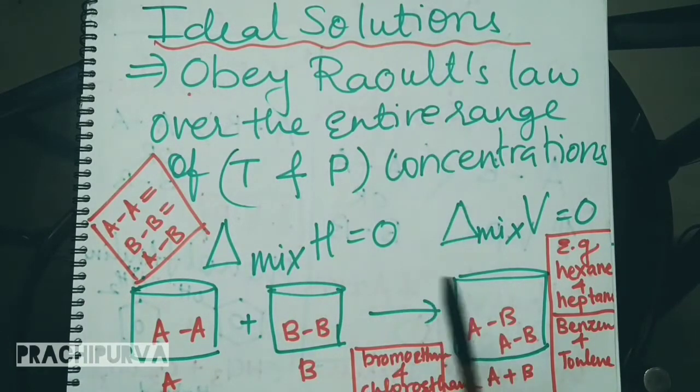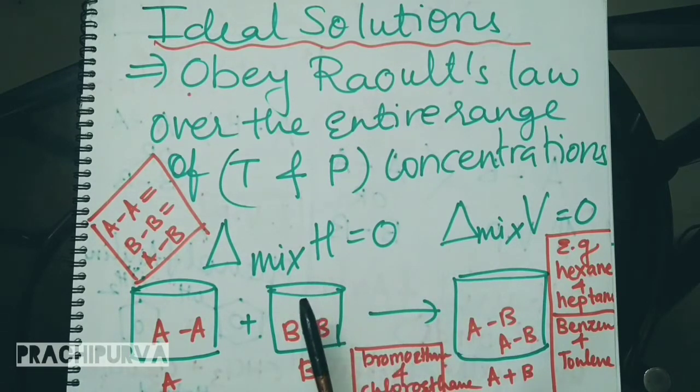Alright, so what do you mean by applying Raoult's law? The equation which we had written, P is equal to P naught into X, or P1 is equal to P naught 1 into X1, should become valid throughout the concentrations. For all the concentrations, we should be able to get P is equal to P naught into X. How to find out the validation?